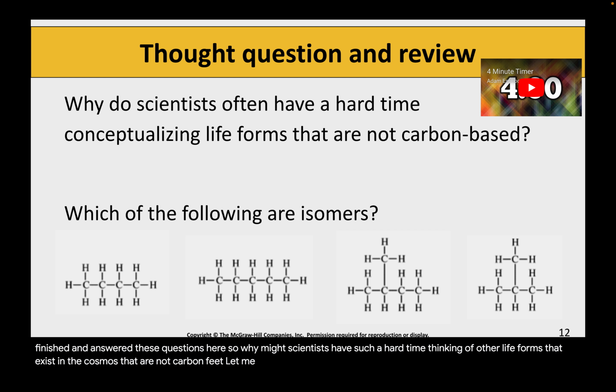Yeah, you have to think outside the box. Carbon is pretty much everything in our life form. We are carbon-based life forms, right? So it's hard to conceptualize something that we really just don't know about. What are some other reasons?